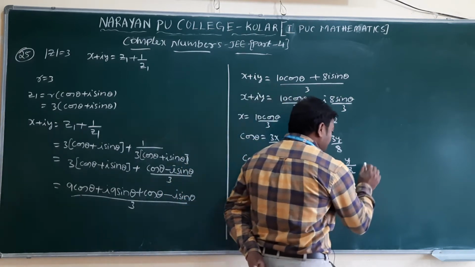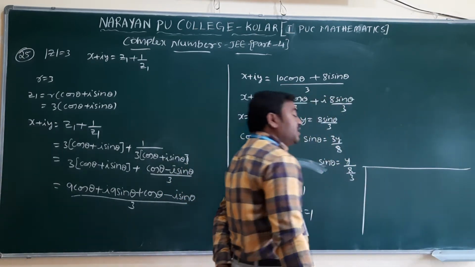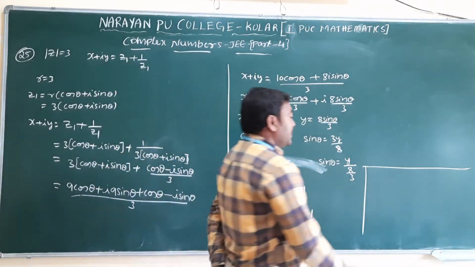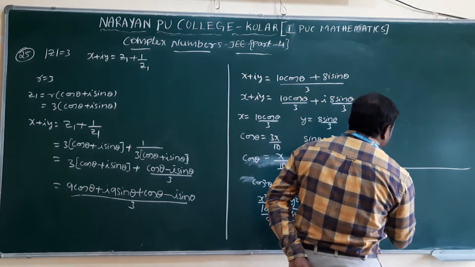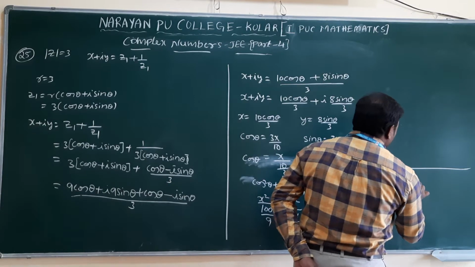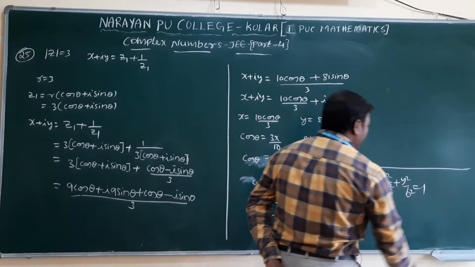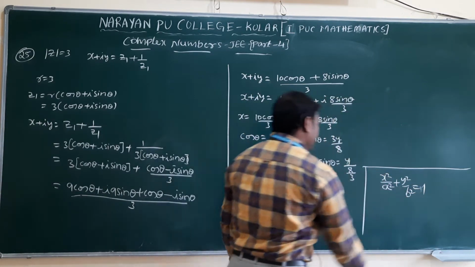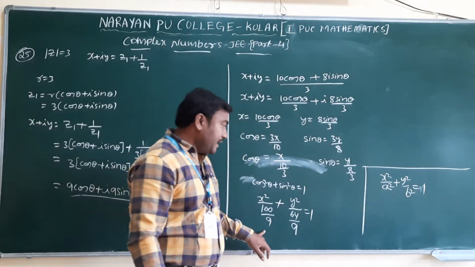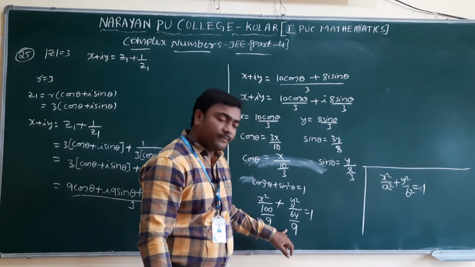Already we know that the general form of the ellipse is x square by a square plus y square by b square is equal to 1. Comparing, a square value is 100 by 9 and b square value is 64 by 9.